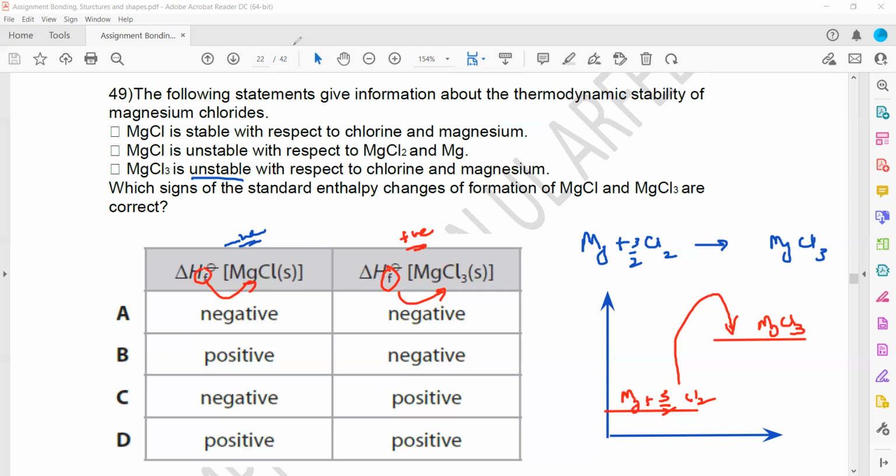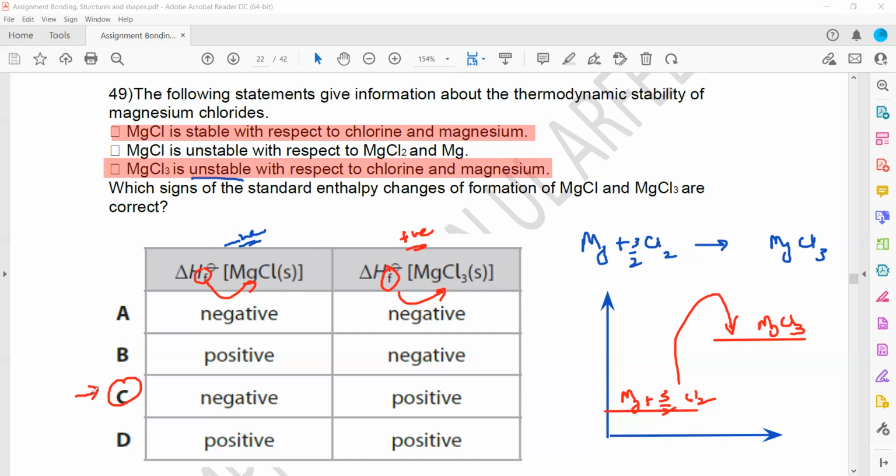But from these, using the first and the third statement, we can work out the sign for enthalpy change of formation of MgCl2 and MgCl3. So one will be negative, the other one will be positive. The substance which is more stable will have a lower energy in the energy diagram, and the substance which is less stable will have a high energy.